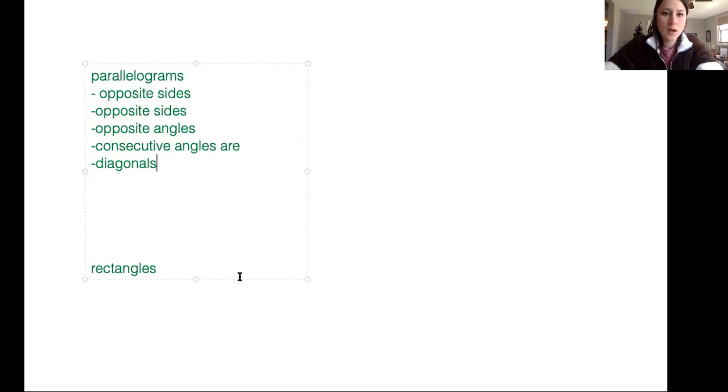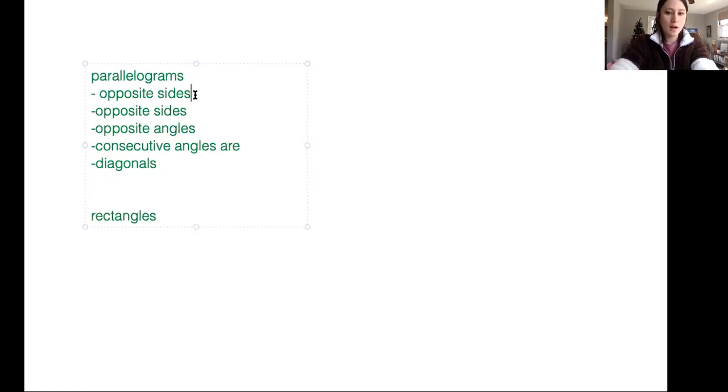Okay, so for this one, parallelograms, opposite sides are, what do we know to be true? For a parallelogram, they are congruent, right? So let's fill that out here.